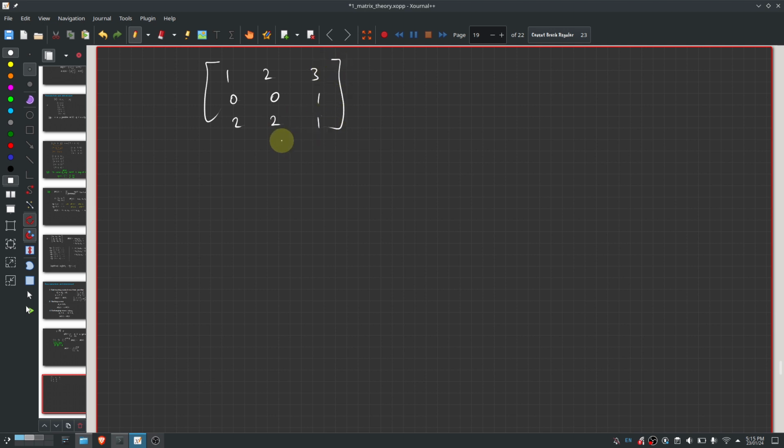What is the determinant of this particular matrix? Let's first compute using the formula. It is 2. And how did you get that?